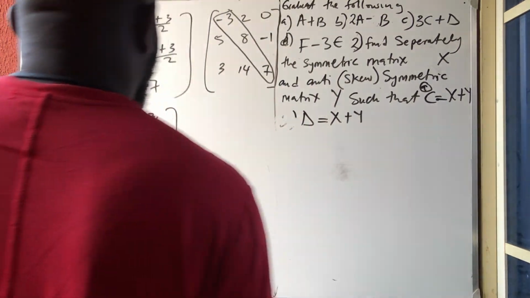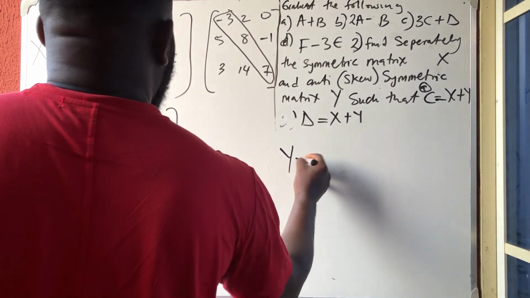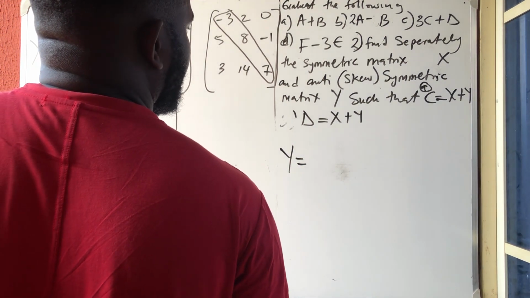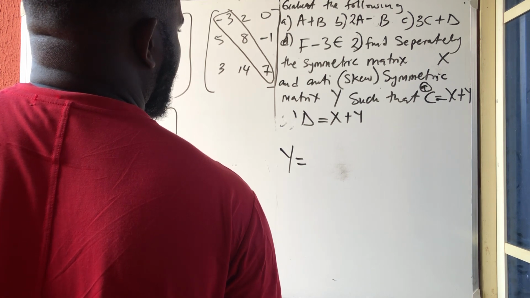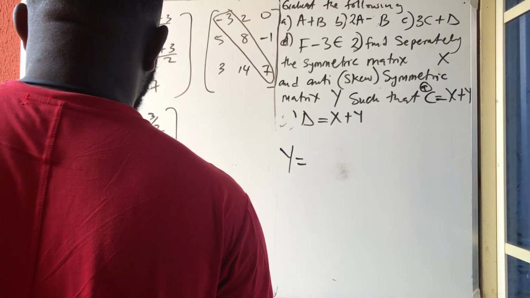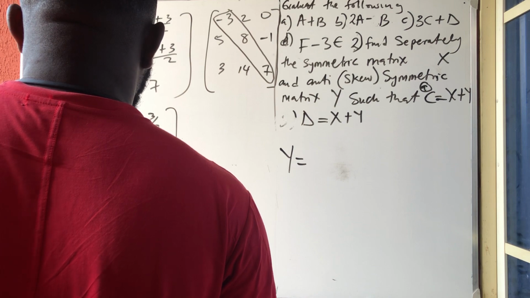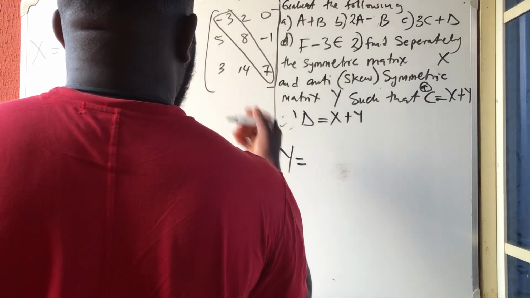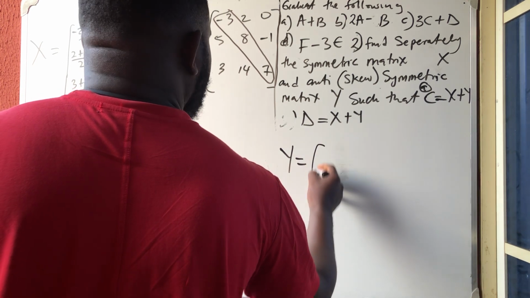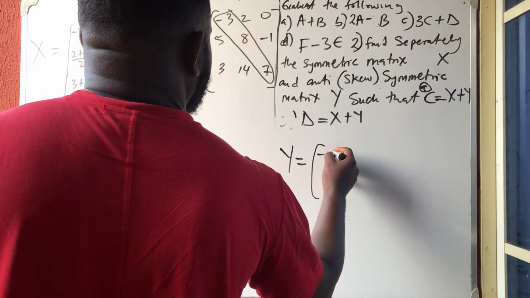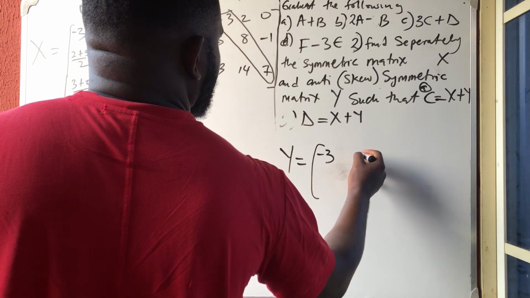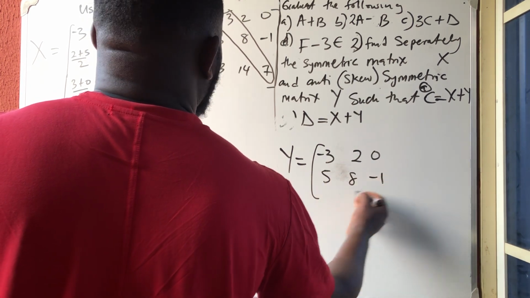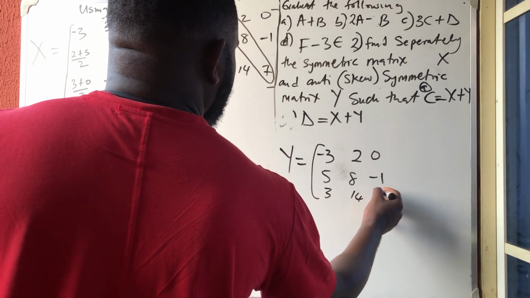So y will now be equal to c. What is my c? My c is minus 3, 2, 0; 5, 8, minus 1; 3, 14, 7.